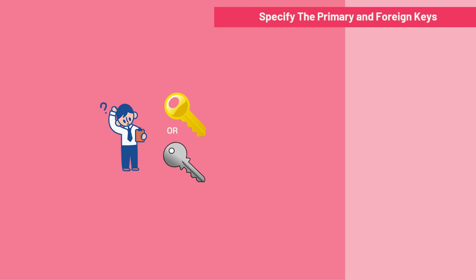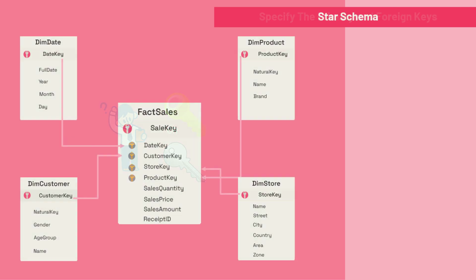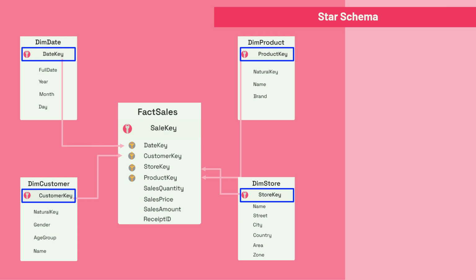You know that the connection between tables is made through the primary and foreign keys. In this same example, the primary keys are in the 3 dimension tables.